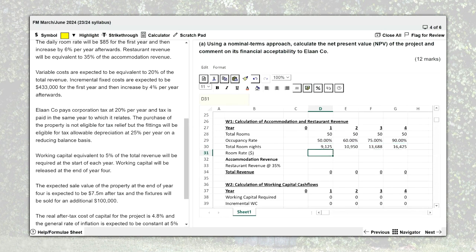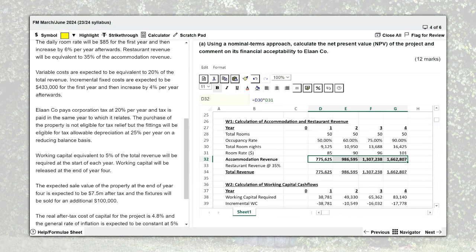As far as the room rate was concerned, room rate was subject to 6% inflation, which many candidates considered from year 1 onwards, which was again a mistake. It was very clearly specified in the question that the first year room rate is 85 and the inflation is only from the subsequent year onwards. The total room revenue is total room nights into the room rate.